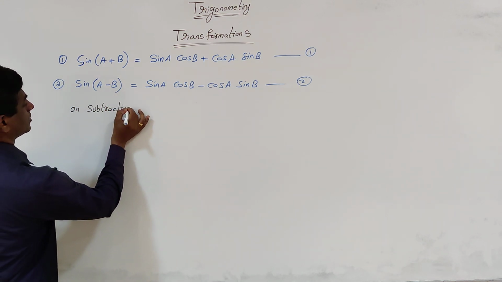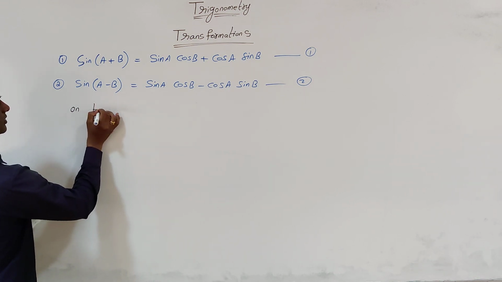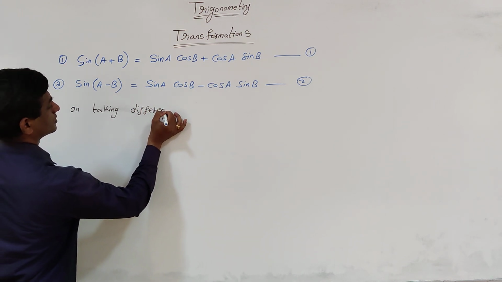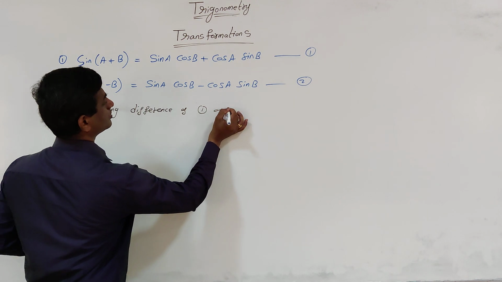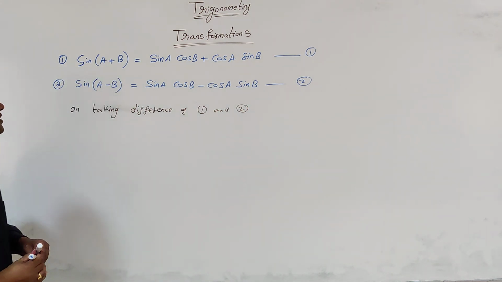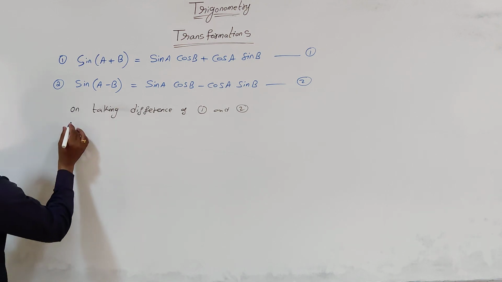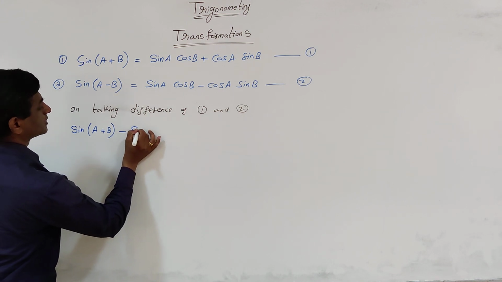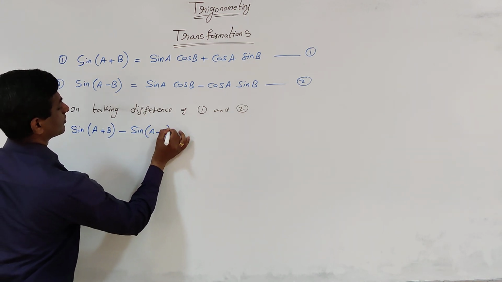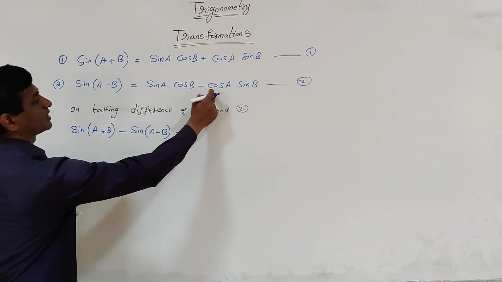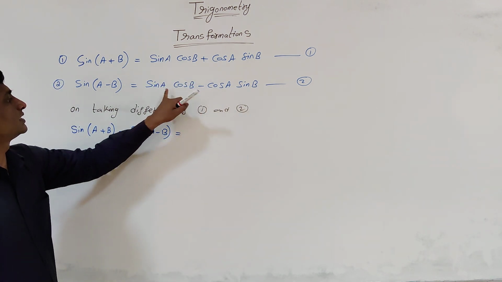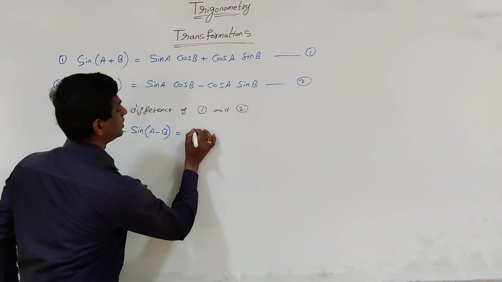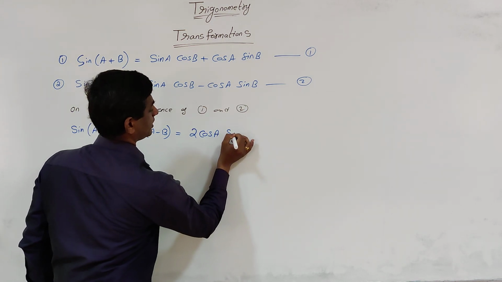On taking the difference of 1 and 2, we get sin of a plus b minus sin of a minus b is equal to, if you take minus and this becomes plus, sin a cos b minus sin a cos b get cancelled, and cos a sin b minus of minus becomes plus, so it will be 2 cos a sin b.